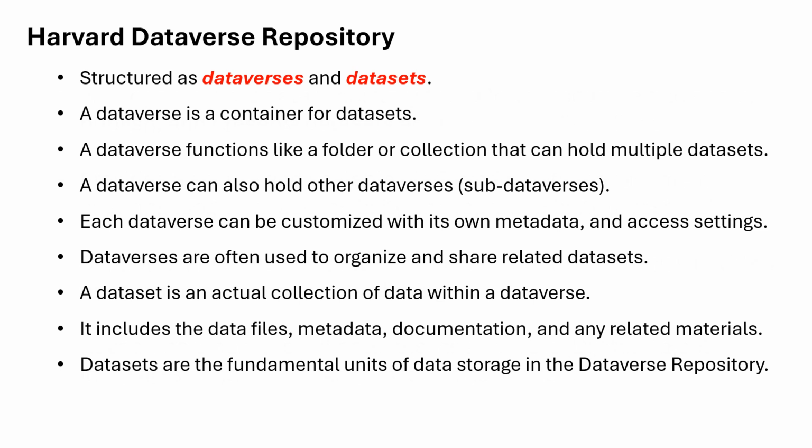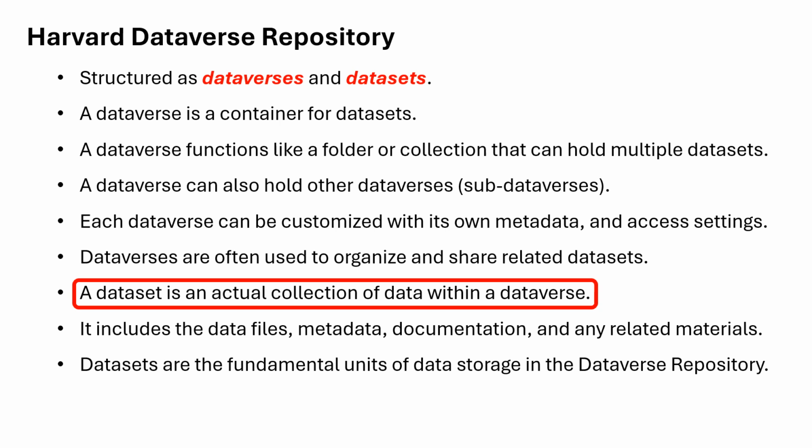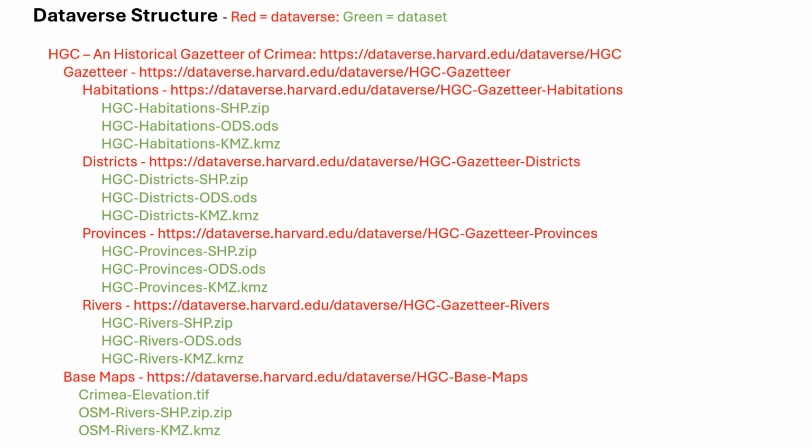For the purposes of this video, the main thing to know about the repository is that it is constructed of dataverses and data sets. Data sets hold the actual data that you are storing. Dataverses are like folders in that they contain data sets. Here is the structure of the HGC Dataverse.